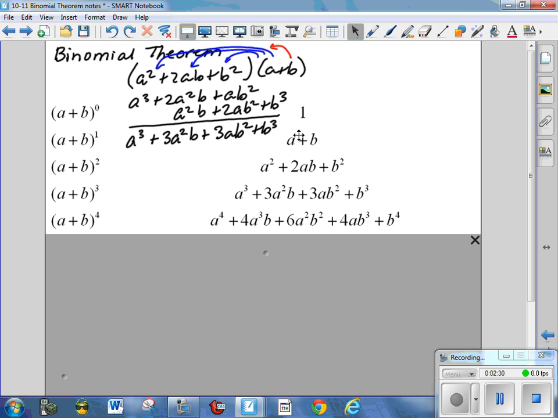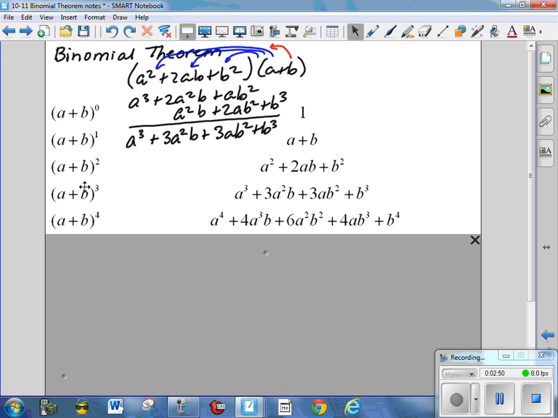Notice that as we go down the left-hand diagonal here, the first term is a raised to whatever power I have over here. So a plus b, a squared, a cubed, a to the fourth is what I start with. Notice I end with b raised to that power.